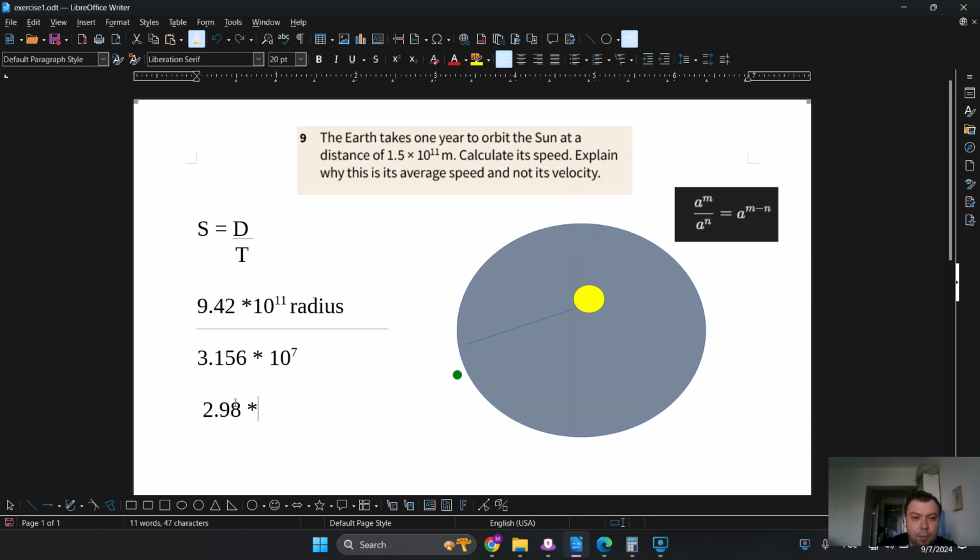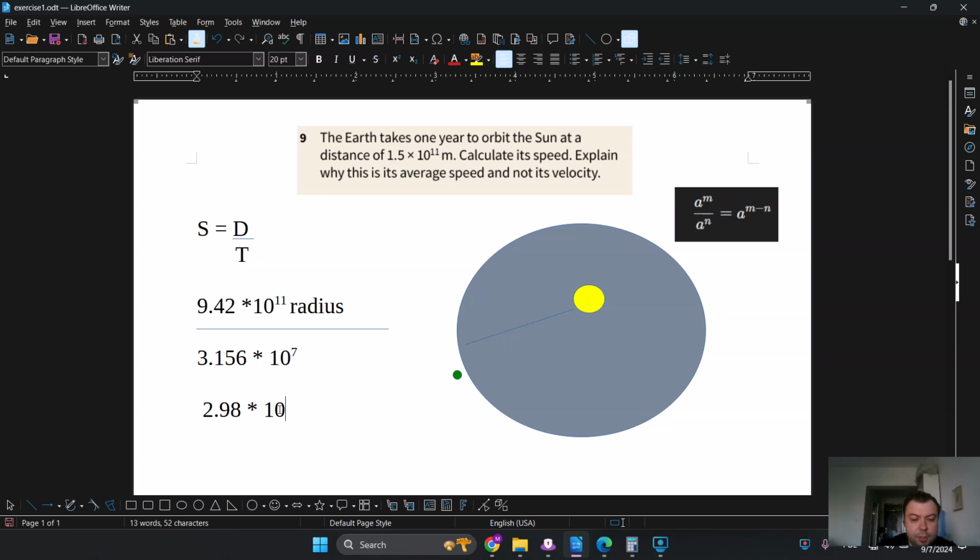And now we will multiply it by what? By the result of this division. So how much is 10 to the power of 11 divided by 10 to the power of 7? According to the rule of exponents, if exponents have the same base, we subtract them. So 11 minus 7 equals 4.